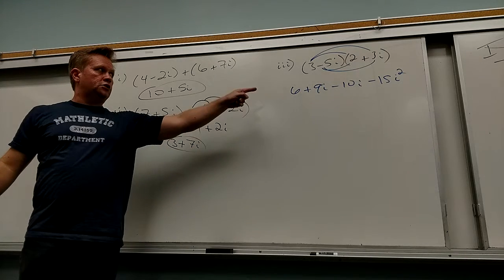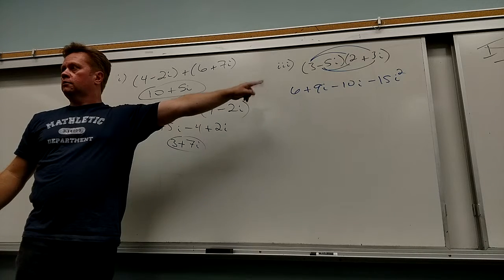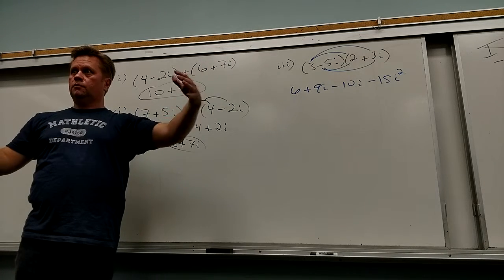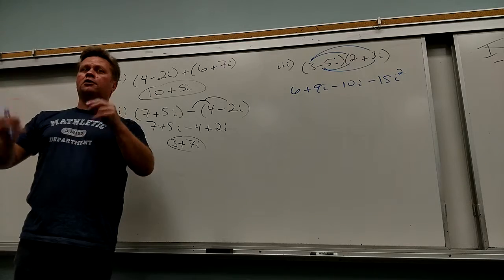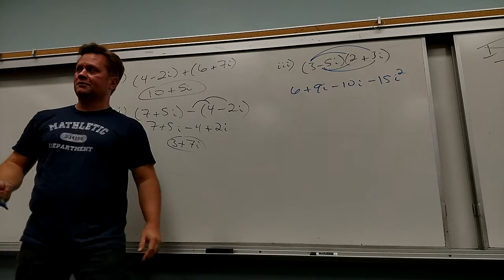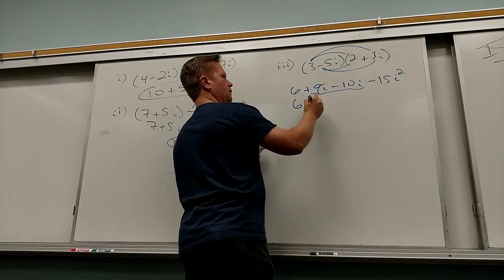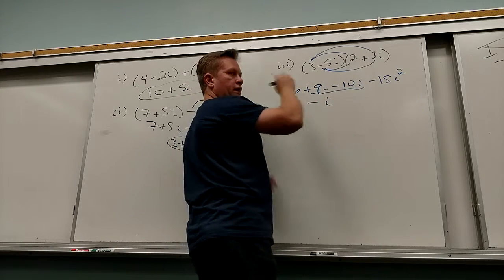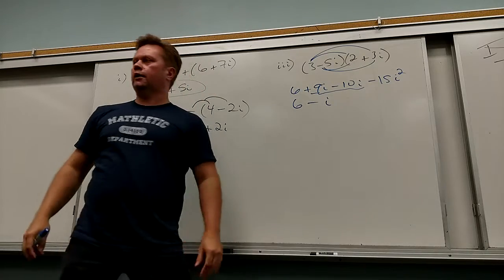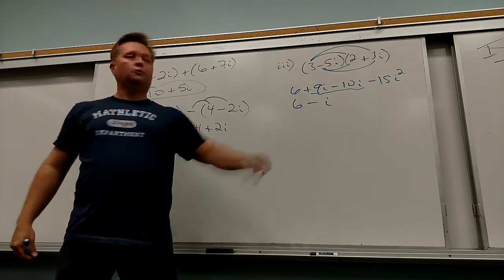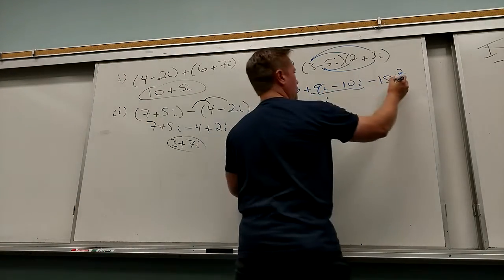I can immediately just directly put the like terms together. But I also know what i squared is. What do I get in the middle? I get the negative i, right? Well, what is i squared?